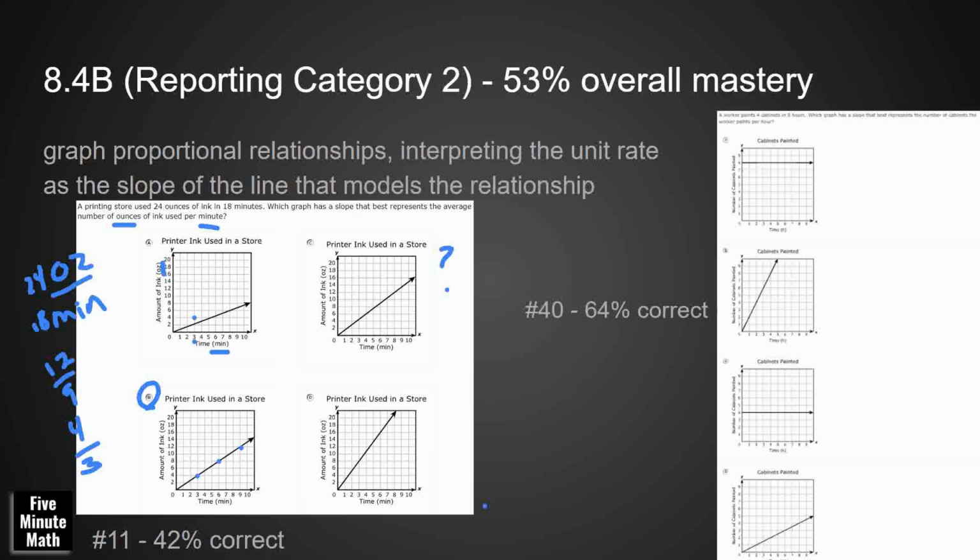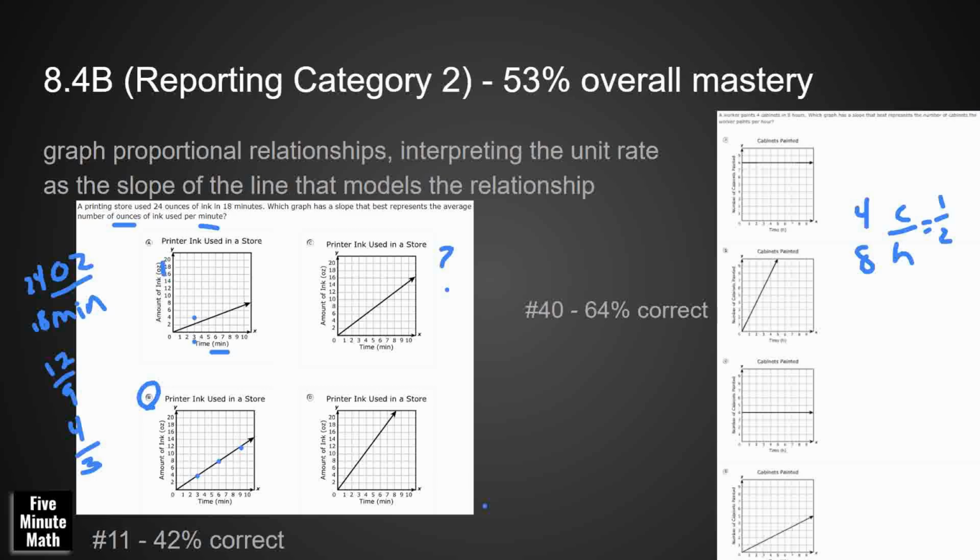Now, 40 was a lot easier. A worker paints 4 cabinets in 8 hours. We're doing the same thing, cabinets per hour, but look what we have here. We've got 4 cabinets, 8 hours, so now we're just looking at 1/2. So a little bit easier to deal with than 4/3.